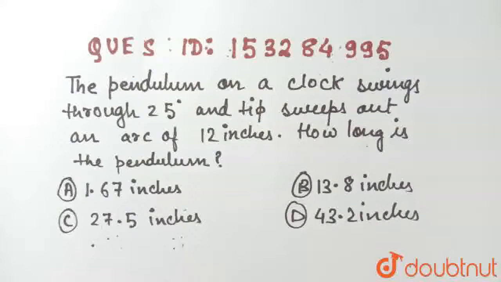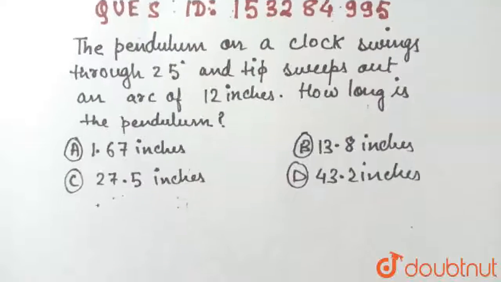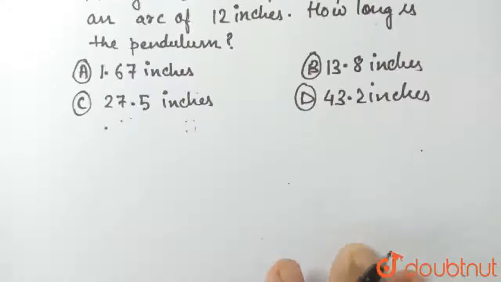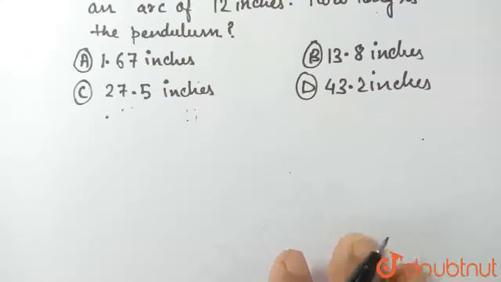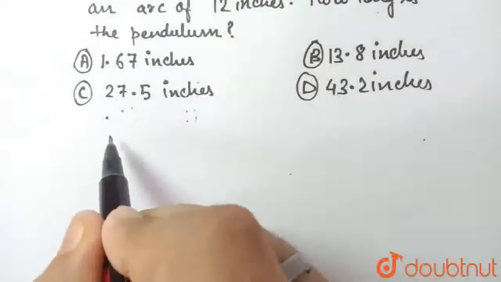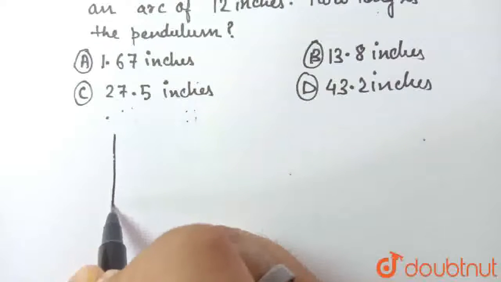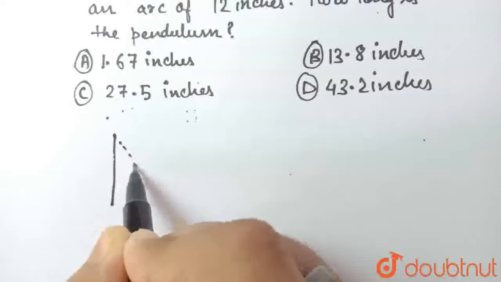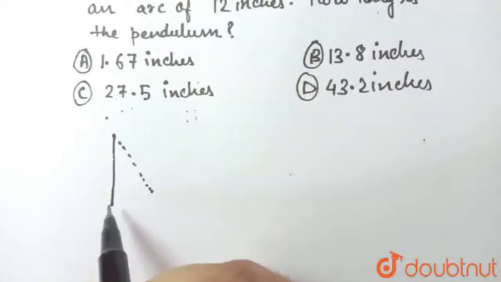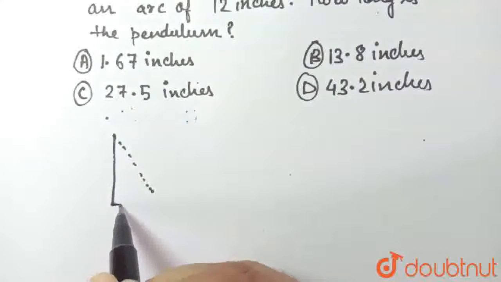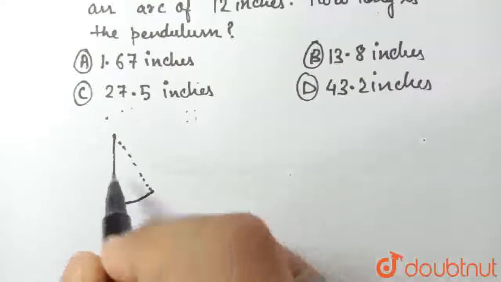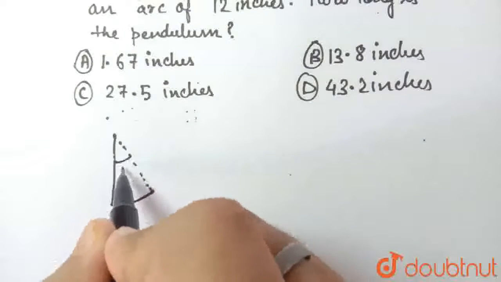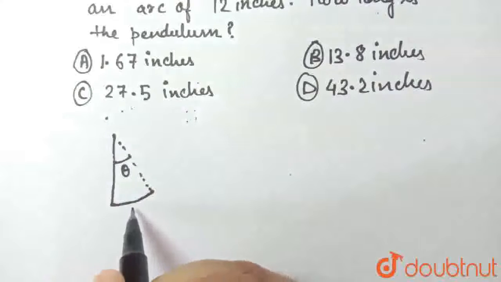We here first try to draw the pendulum and find out a schematic approach. So here is the pendulum, initial position, finally it goes to this position. So here is the arc formed like a circle, this is the theta angle swept out and this is the arc swept out.